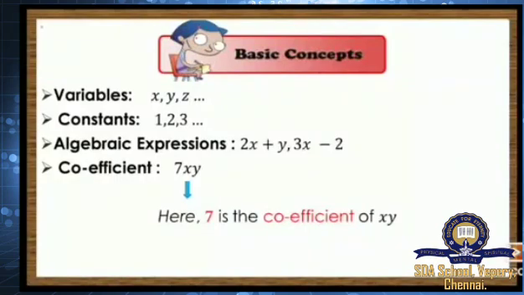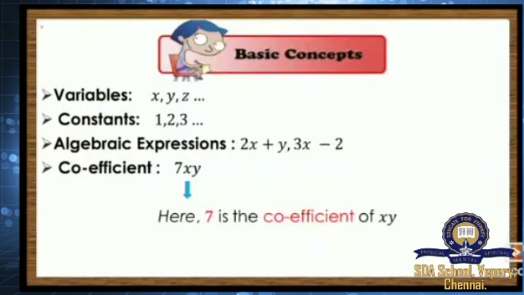What are variables? Variables are alphabets. It can be either X, Y, Z or A, B, C or anything. So constants are numbers. What are algebraic expressions? What do you observe from the given expressions?